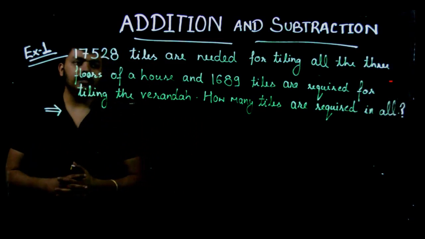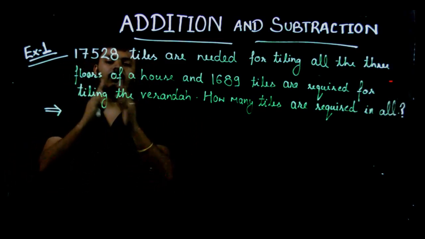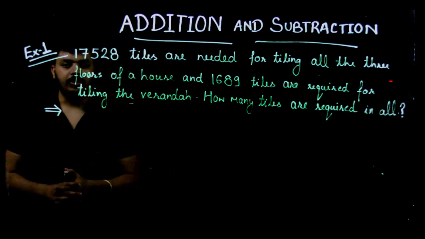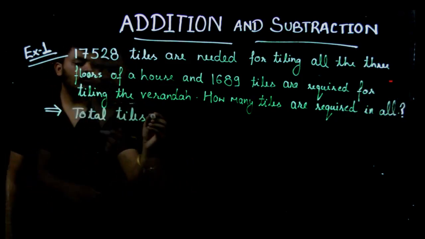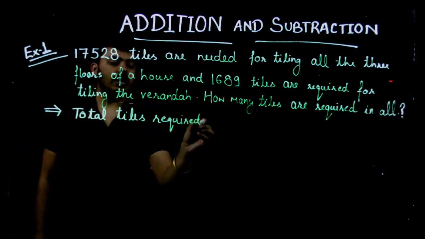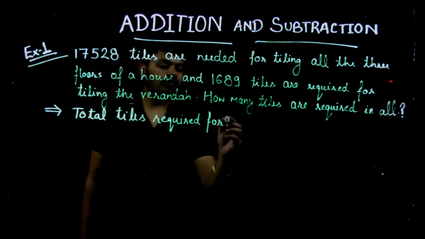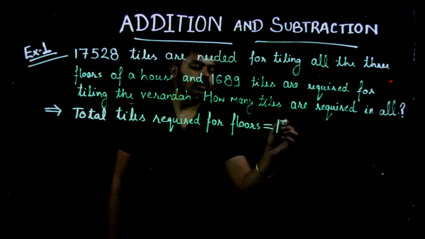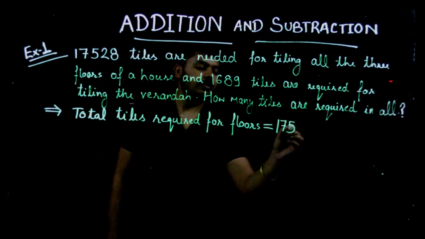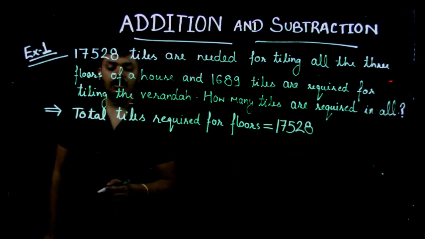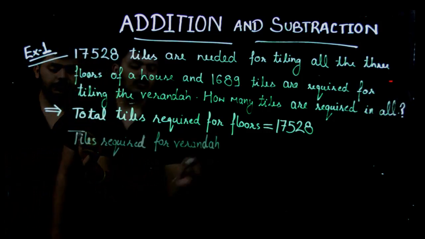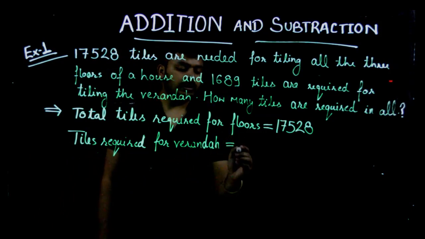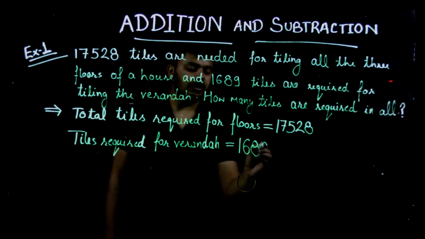Now we have to tell the total tiles that have been used in the house, that is the total number of tiles required for the floor plus the total number of tiles required for the veranda. So let's start. Total tiles required for the floor is equal to 17,528 and the tiles required for the veranda is equal to 1,689.